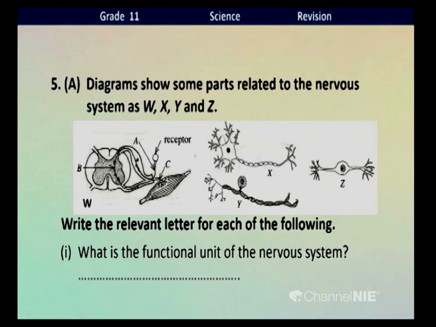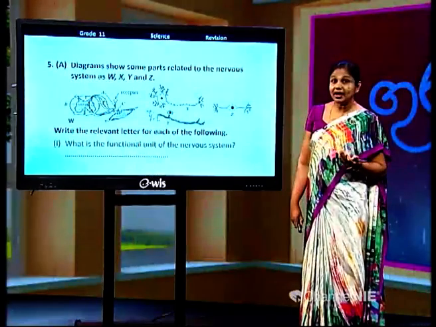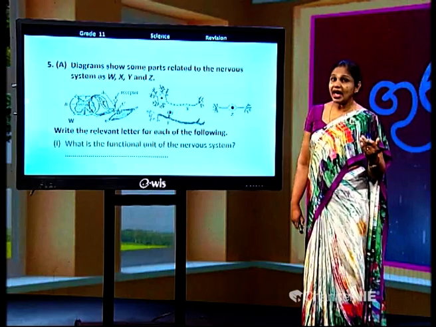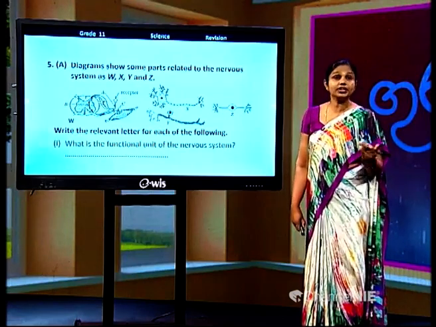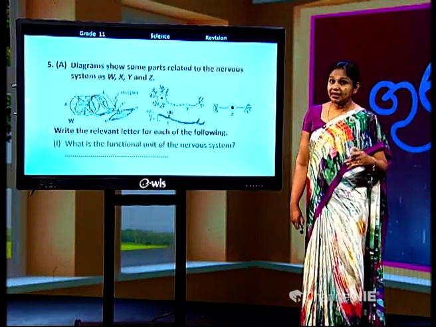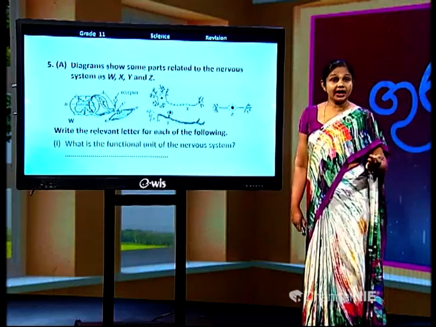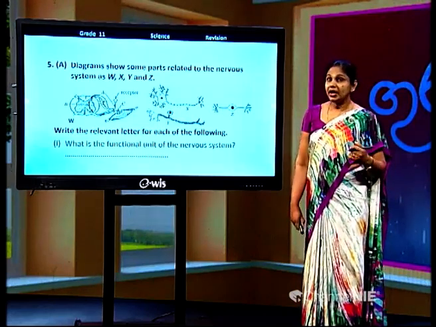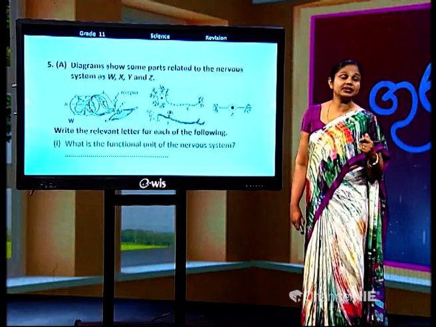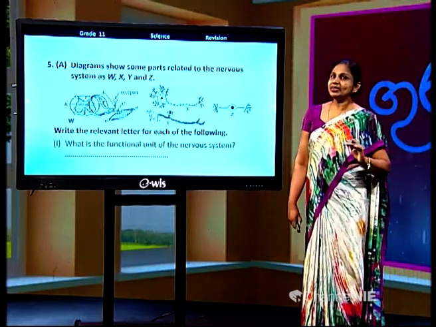Like taking the hand away quickly when the hand is touched with a hot object, or lifting the leg quickly up when a thorn is stuck to the leg. So these actions are examples for reflex actions.